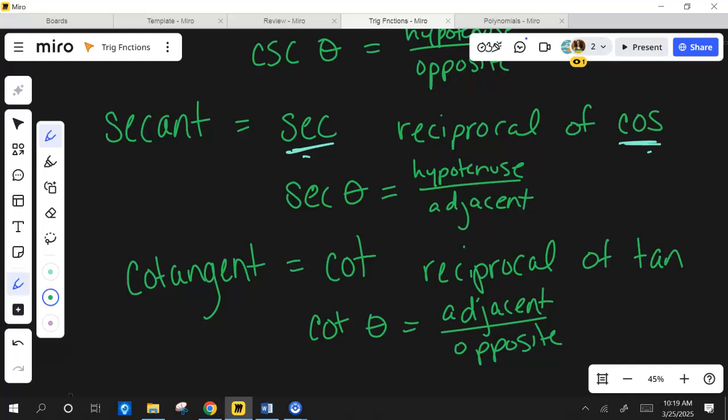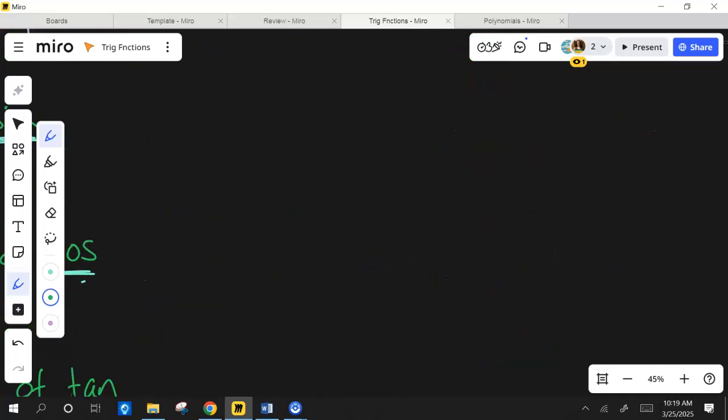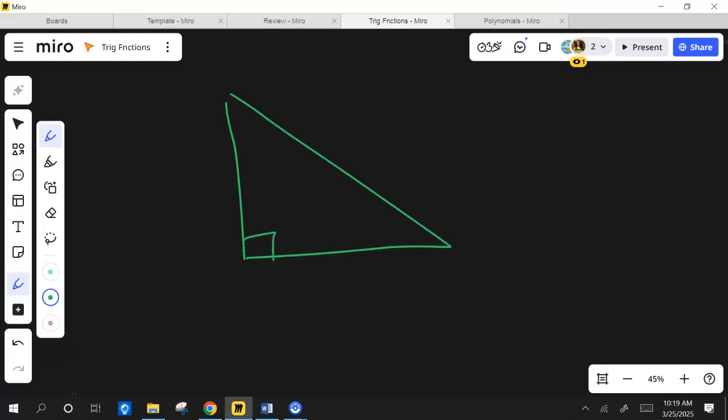All right, couple things to remember. And I feel like with what y'all are telling me about geometry, I might need to go over this. If you have a right triangle and you are missing one side, how could I find the missing side of my triangle?